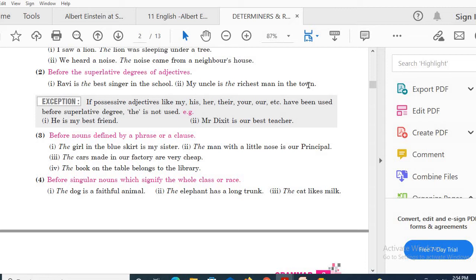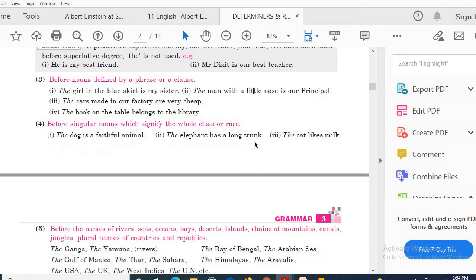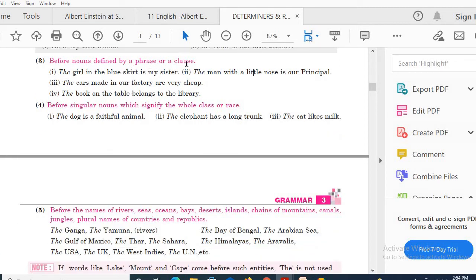Superlative, because it is written best, richest. Now before nouns defined by a phrase or clause, in that case also we use the definite article the. Just like the man with a little nose is our principal.